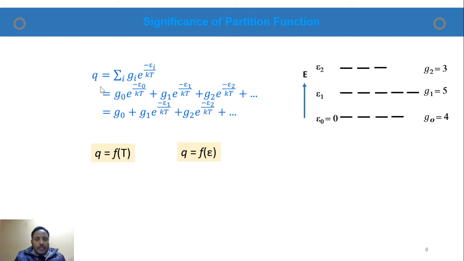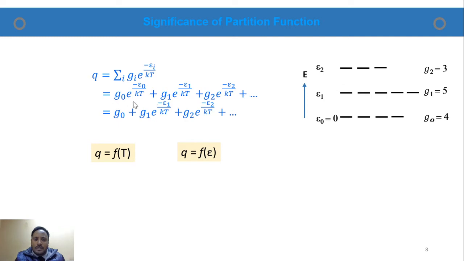If we expand this summation, we will find that it gives us different terms, and each term relates to the energies and the degeneracies of the various energy levels.